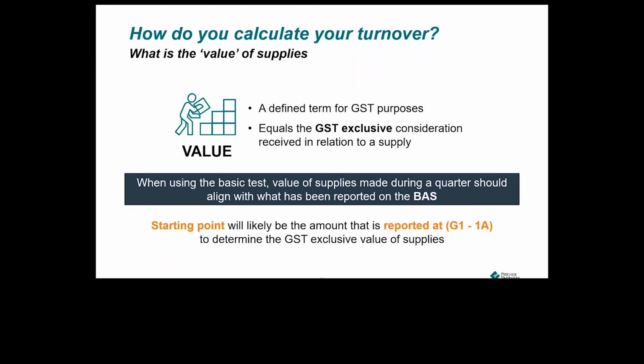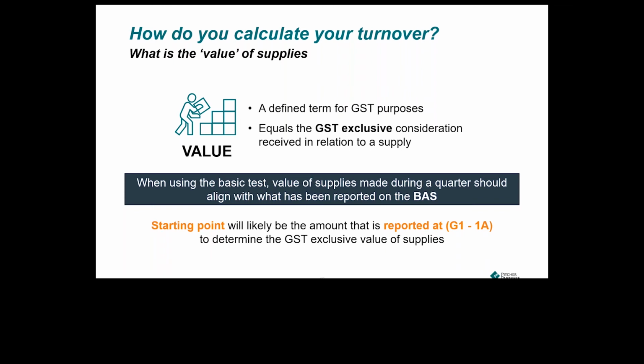That's because a number of registered entities do include things within their BAS that technically should not be included. They might not have any impact on the net amount of GST that needs to be reported for the relevant period, but they may not be part of GST turnover for these purposes, or they may have left things off the BAS that are GST turnover for these purposes, but they don't think they need to report on their BAS. So we'll come to some examples of that a bit later on.